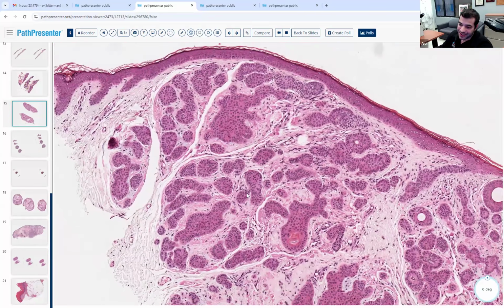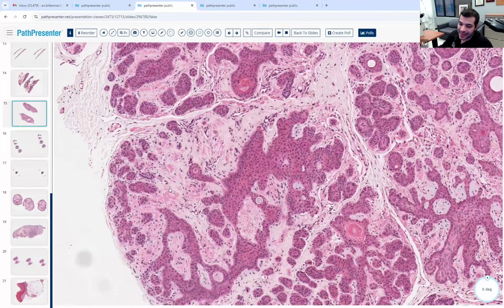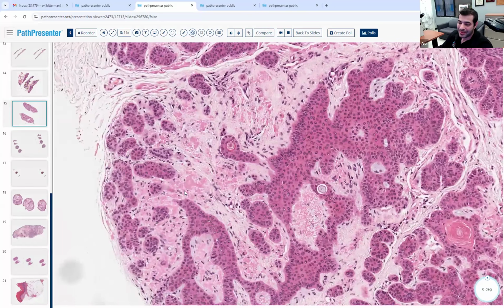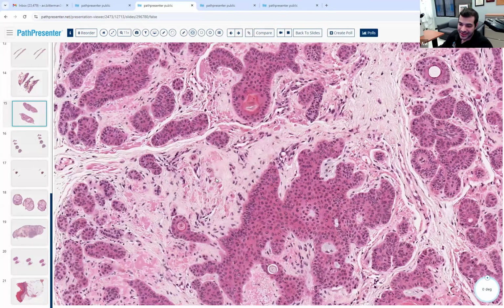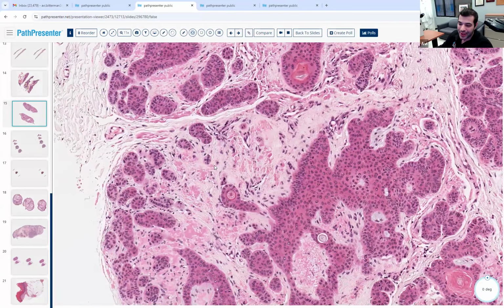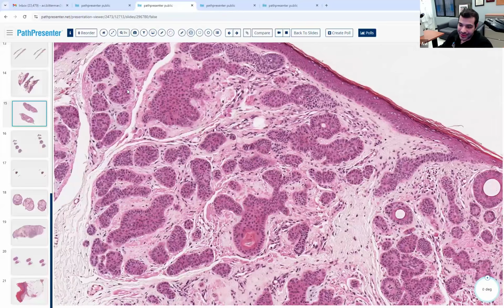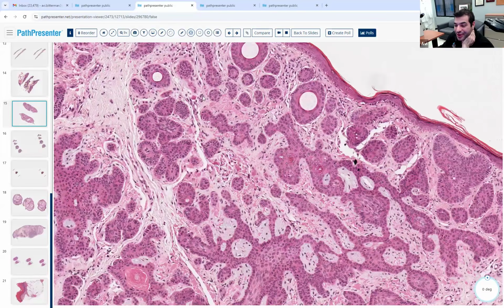You have these pink strands and blue buds, but you don't have the retraction, you don't have the palisading, and you have your fibrotic stroma. And one thing I was trying to key you into, and this is something you can see on the scope a lot of times, is this amyloid-like stroma, which can be a helpful clue to basaloid follicular hamartoma.